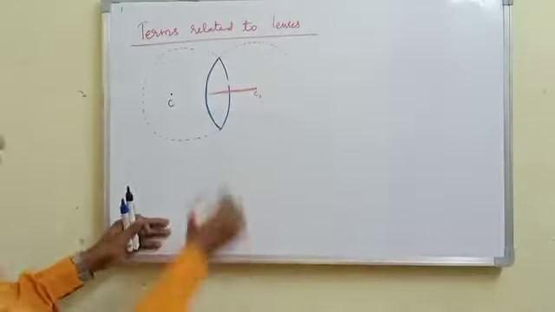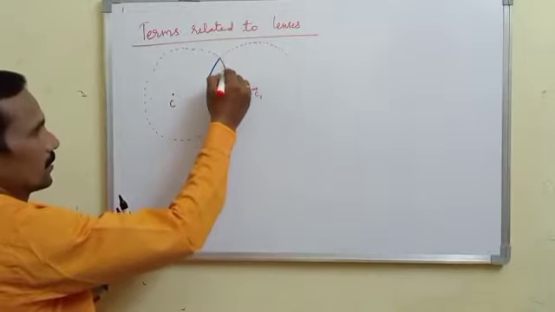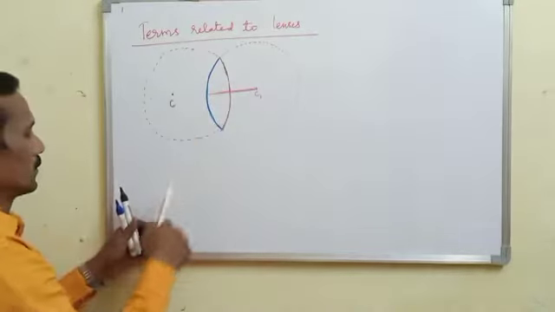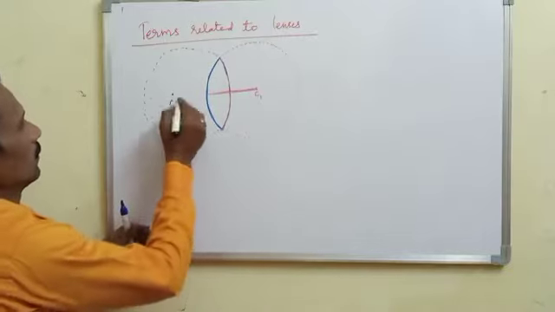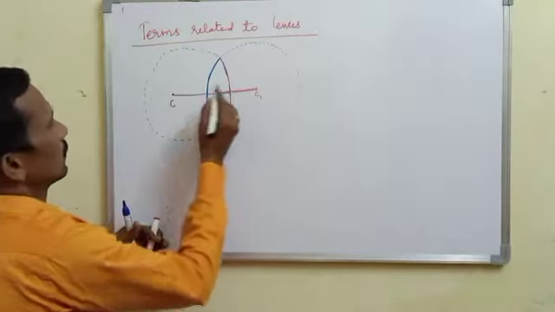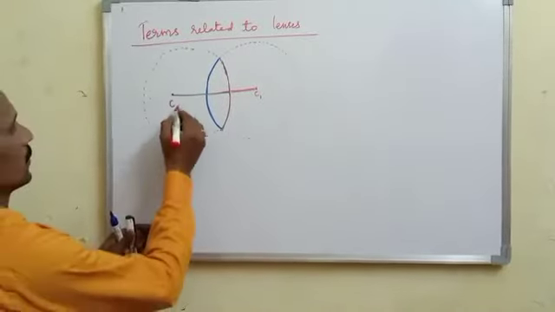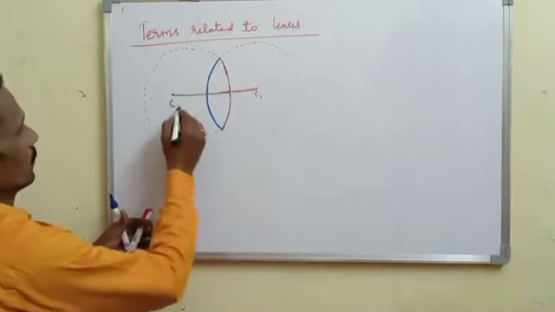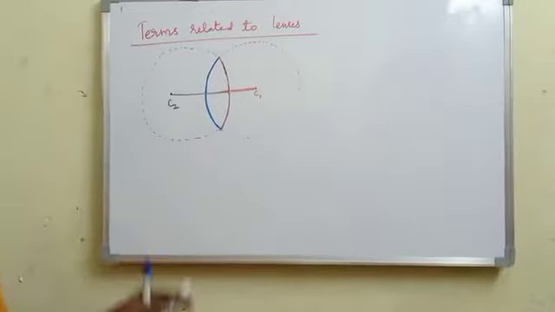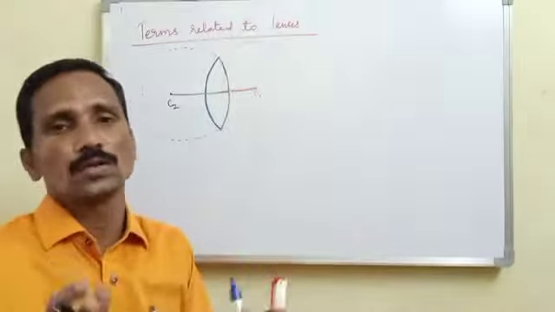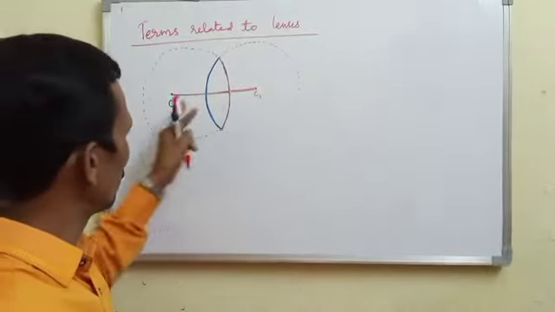Next, it is the second curved surface. To this curved surface, the center of curvature is C2. So the convex lens has two curved surfaces, C1 and C2.